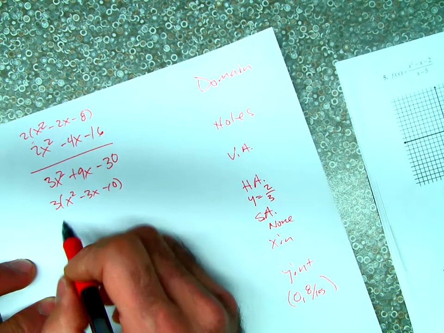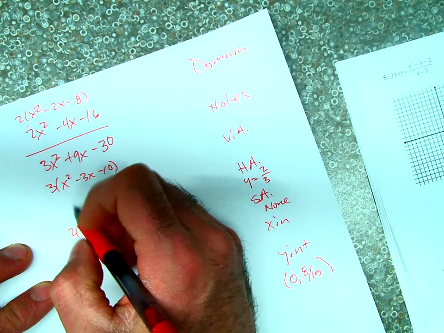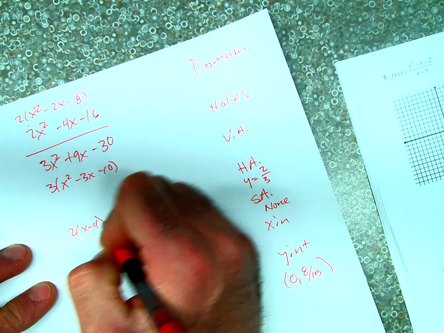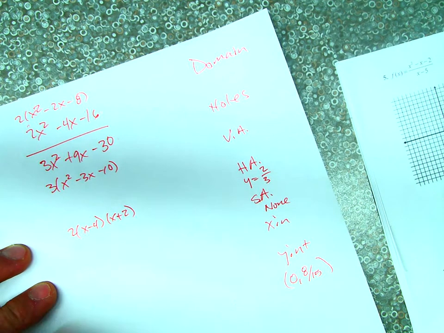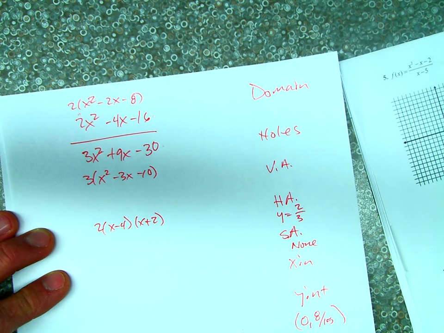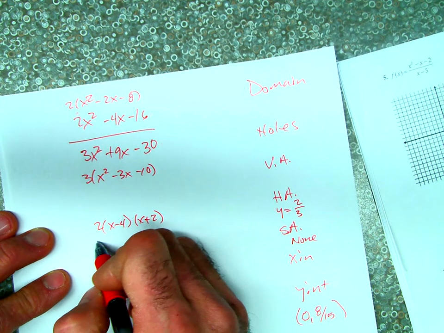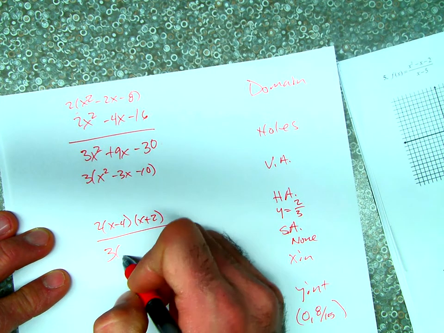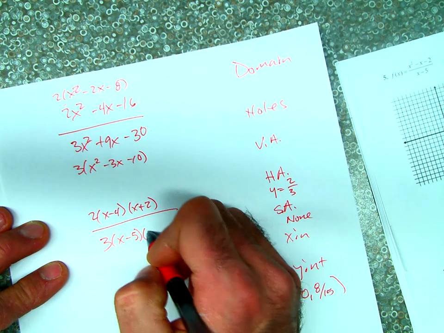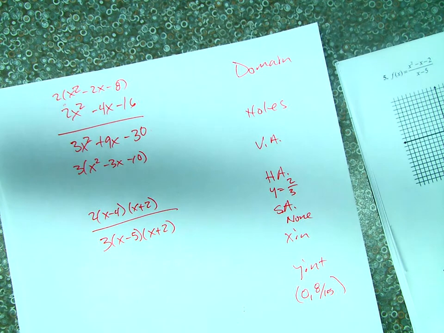Okay, the numerator is 2 times x minus 4, x plus 2. The denominator is 3 times x minus 5, x plus 2. How'd I do? Good.